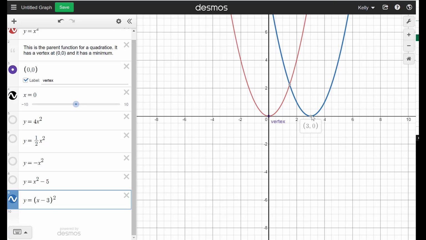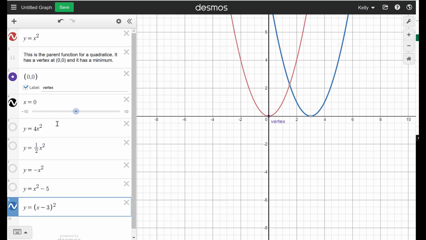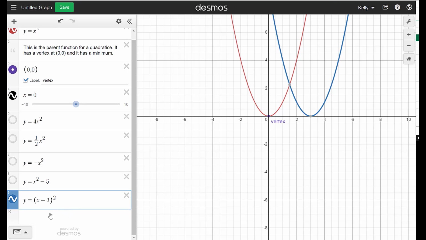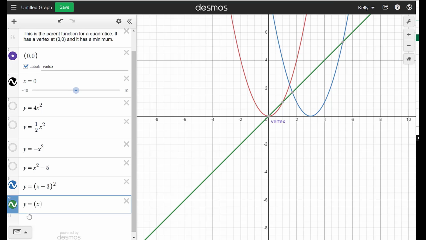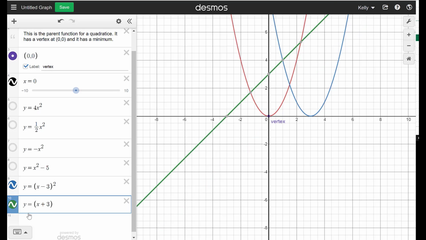But part F wants you to have that go 3 units to the left and stretch vertically like we did in part A. So when we did this equation right here where we stretched vertically at 4x squared, it wants us to do something similar to that, but move it 3 to the left. So instead of x minus 3, we're going to start with y equals x plus 3. So let's do that translation first.